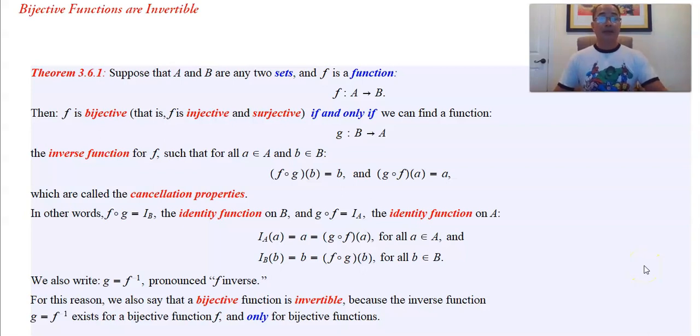So here's the main theorem about bijective functions. Suppose that A and B are any 2 sets, and f is a function from A to B. Then f is bijective, in other words, it is both injective and surjective, if and only if we can find a function g from B to A, called the inverse function of f, such that for all a in the domain and b in the codomain, the composition f composed g evaluated at b is the same as b, and the composition g composed f evaluated at a is once again a.